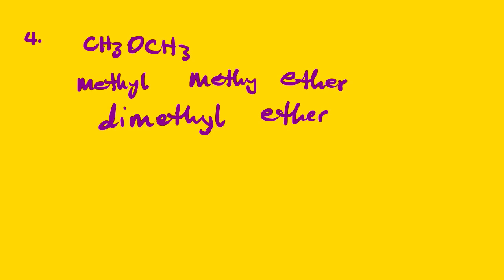And then for the IUPAC name, it doesn't matter which side we consider as the parent chain, which side we consider as the alkoxy group. So we can say it's methoxymethane.